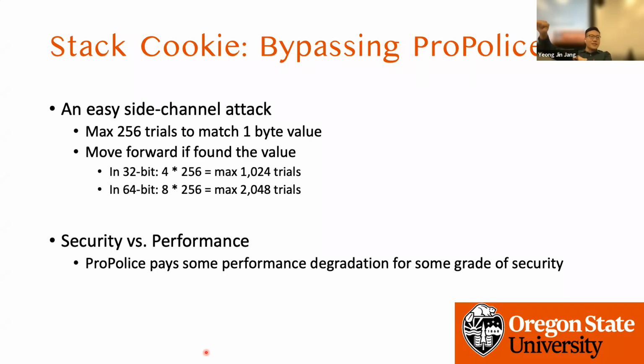This is just 1 bit of information, and we can accumulate that information to guess a full 32-bit value, and even 64-bit, no matter how big it is. For 32-bit it takes 1024 tries, for 64-bit 2048. This is much less than 2 to the 32. It's similar to applying the logarithm to the attack.